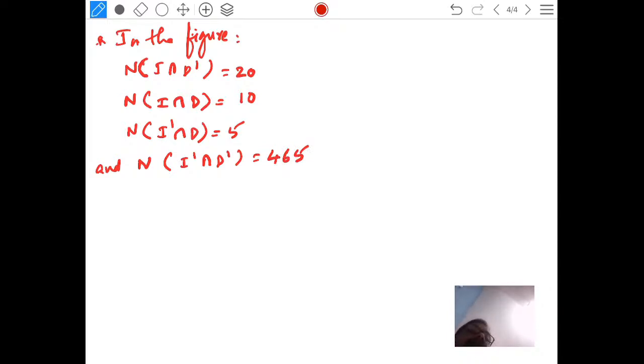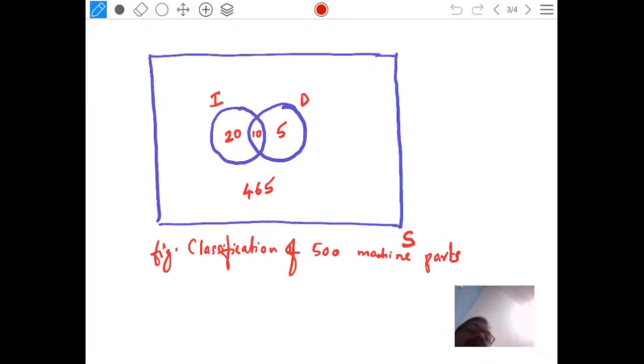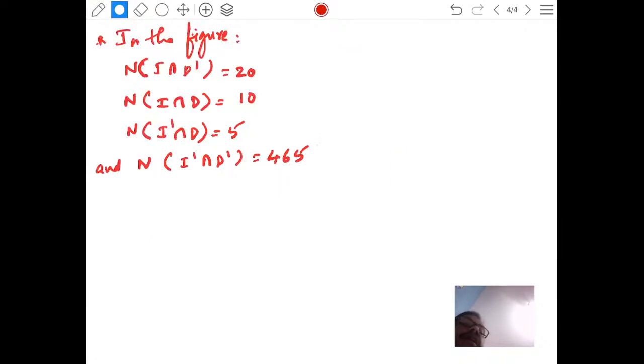In the Venn diagram, as you can see, this shows the number 20. What is this 20 actually? 20 is n of I intersection D complement.